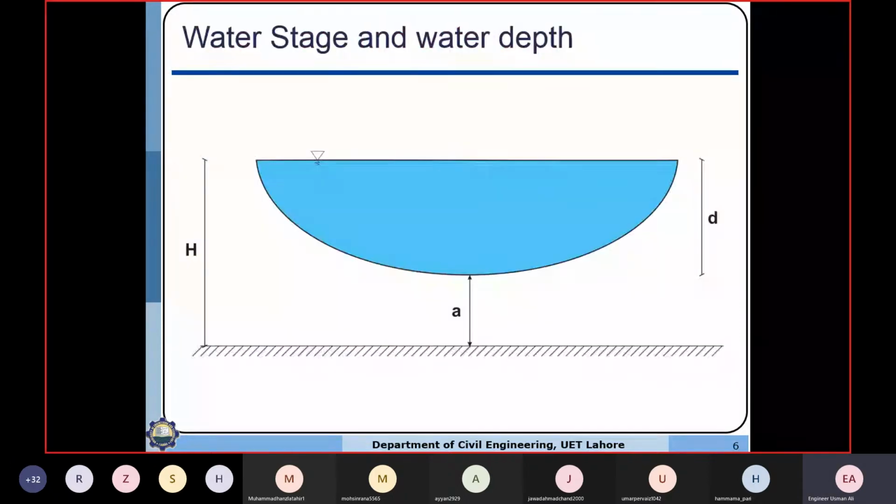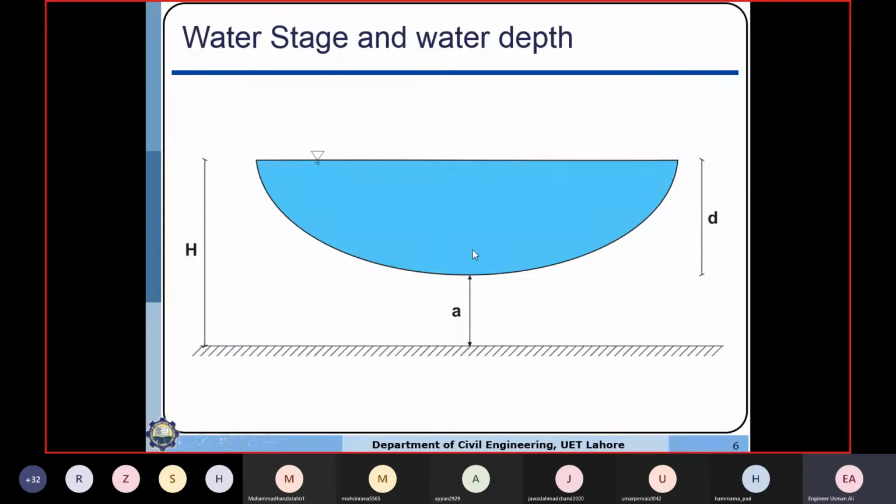Now, if you look at this figure, the difference between stage and depth is mentioned. Stage is h, in the form of a reduced level, and this is the fixed or arbitrary datum surface with respect to which we have taken this stage value. Depth is from the bottom of the channel, the deepest point of the channel, to the water surface. That is called the depth of water.